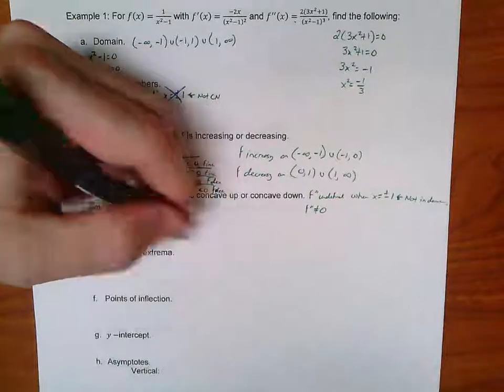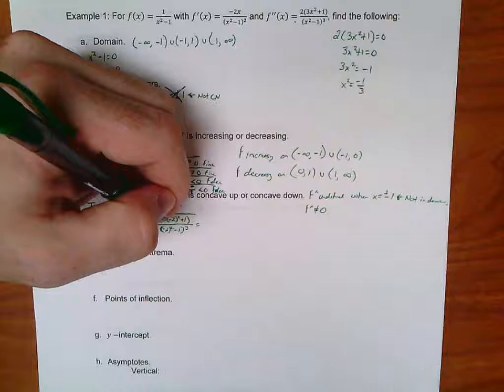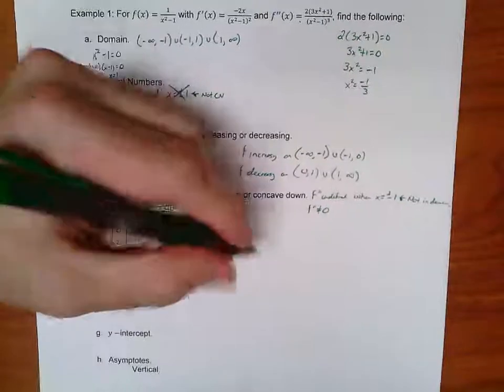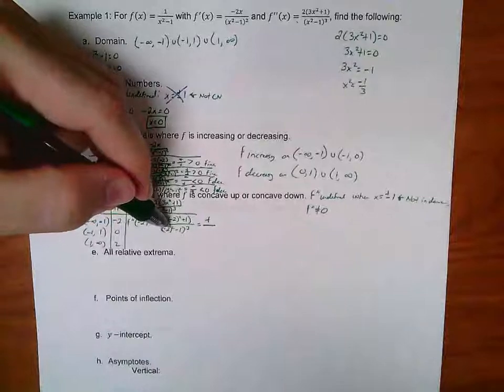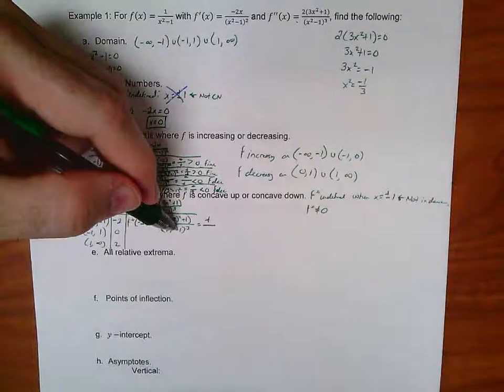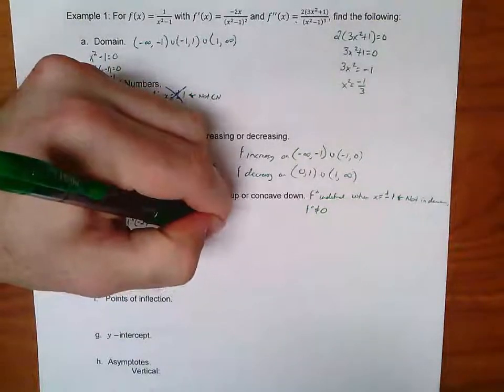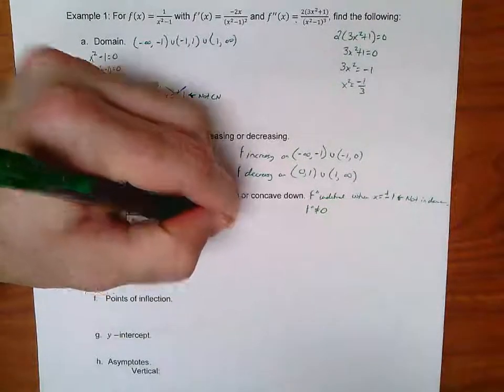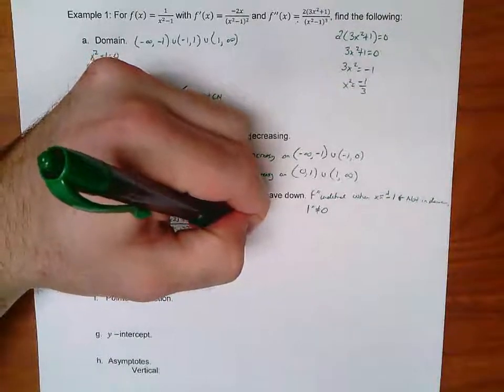So then our numerator, negative 2 squared is positive, positive times 3 is positive, plus 1 is positive, times 2 is positive. Our denominator, squaring negative 2 makes it 4. 4 minus 1 is going to be positive. So cubing that's going to be positive. So we have positive divided by positive. So that's greater than 0. So we know it's going to be concave up.